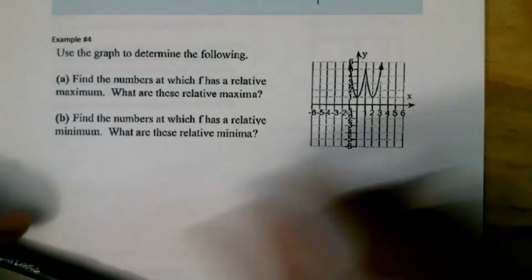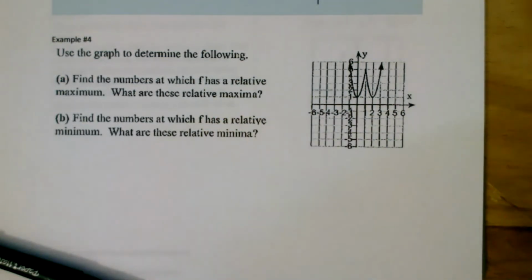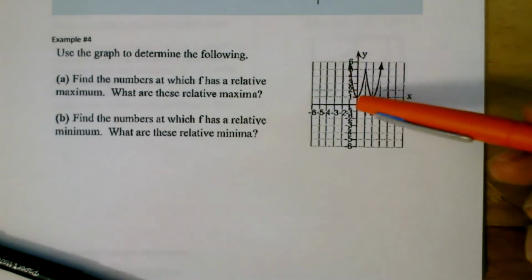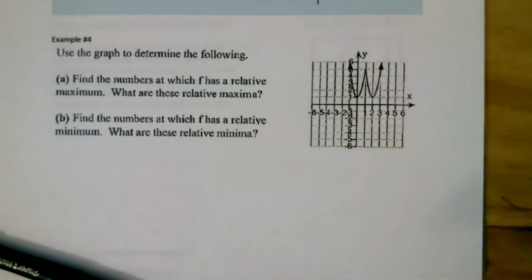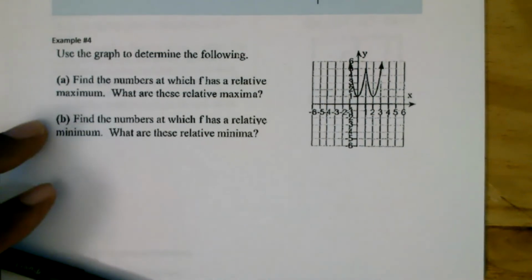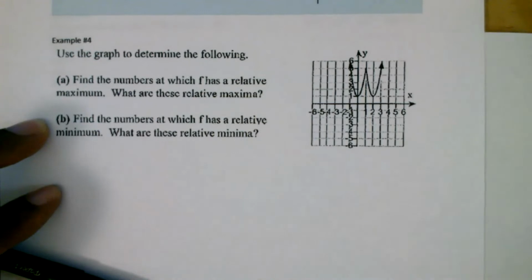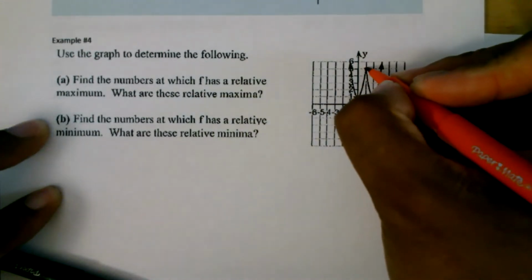Now let's look at this graph right here. Let's start with the relative maximum. That's going to be the highest point on the graph. And I apologize that this is not the best looking graph that you see here. But here, the highest point, if you look at it, will be this point right here that I'm putting in red.